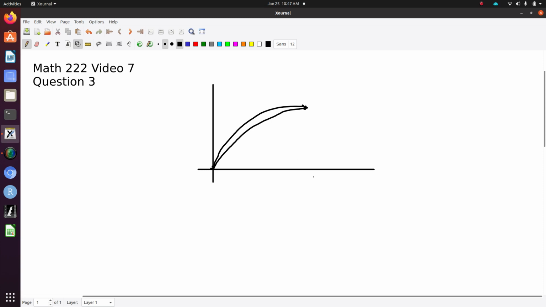So you can kind of look in your mind, if this had been the x-axis and this had been the y-axis, which would it be? Well, in that case, this would be x cubed, so this must be the cube root of x because we flipped it, and this one must be the square root.